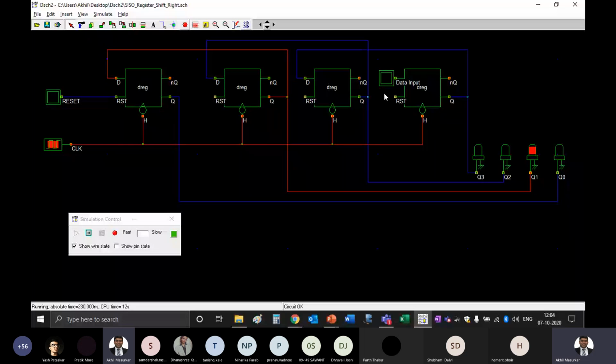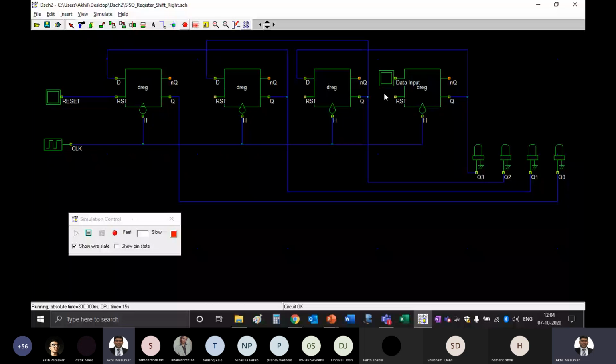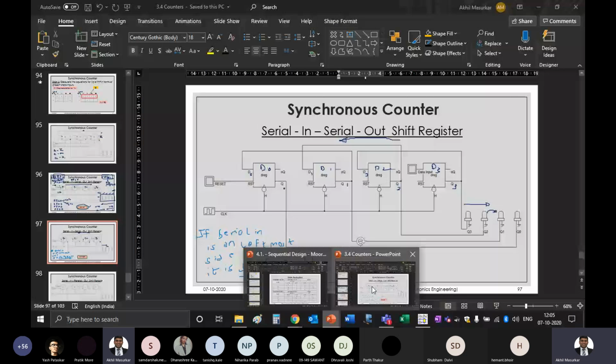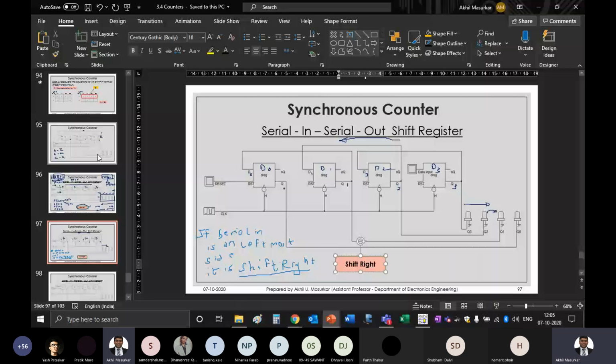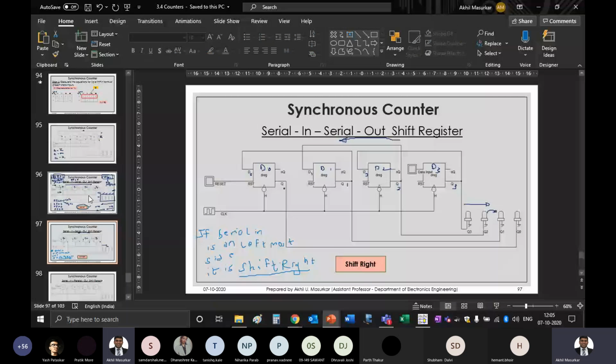So bits are shifting towards the right. So draw this diagram, and if possible, implement it directly.